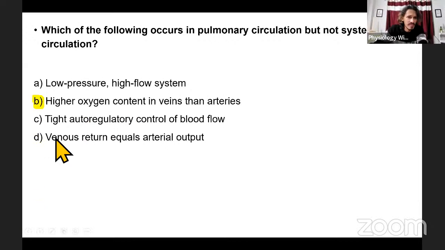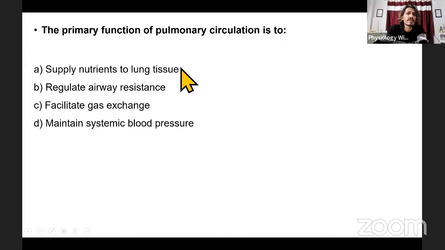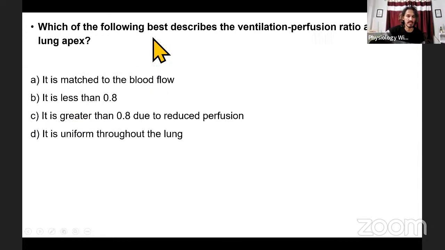And the fourth one makes absolutely no sense regarding this question. So this is the best option of the lot. Primary function of pulmonary circulation is to supply nutrients to the lung tissue? No, that is what your bronchial artery is there for. So this is mainly to result in gaseous exchange, as we had seen earlier.